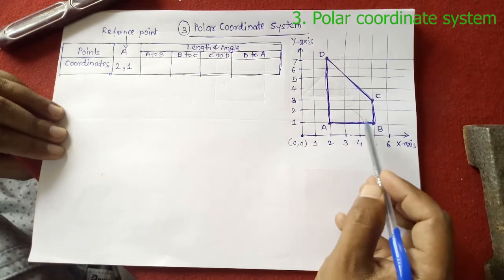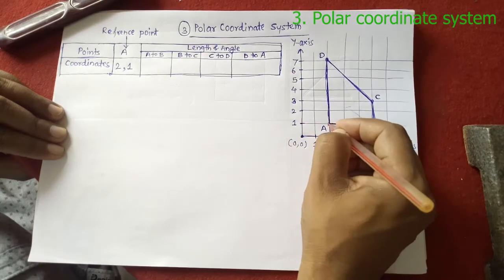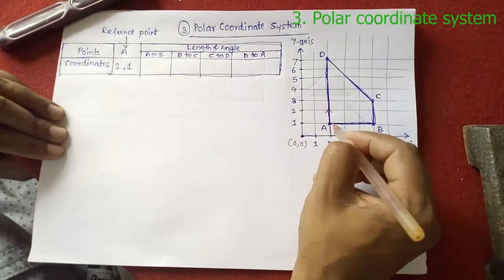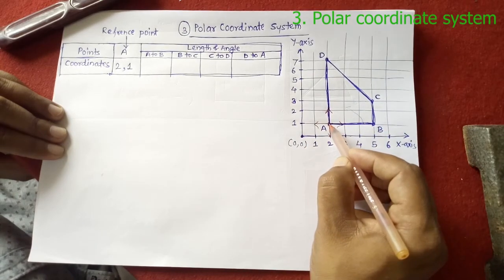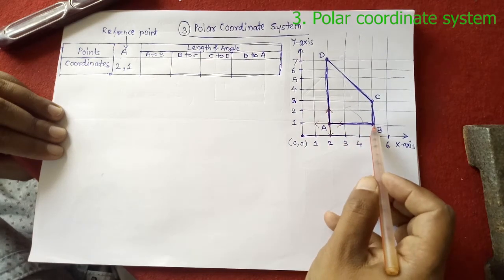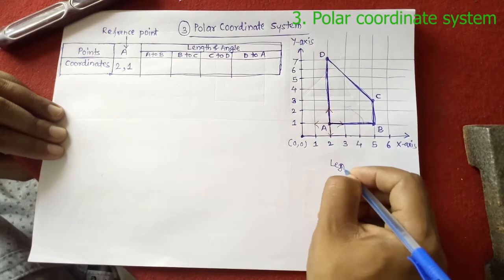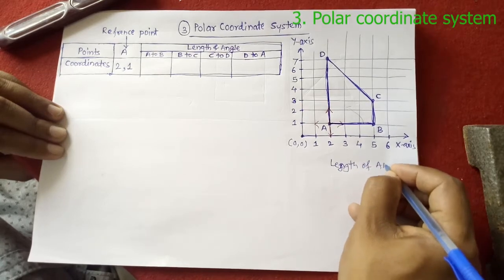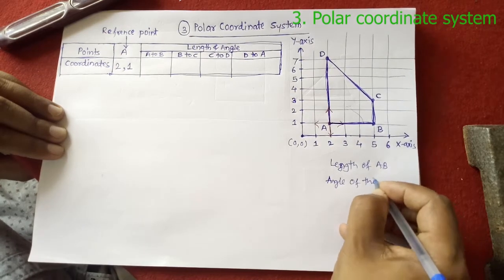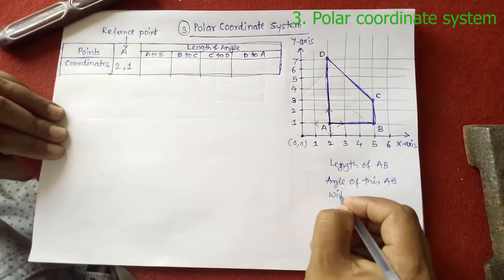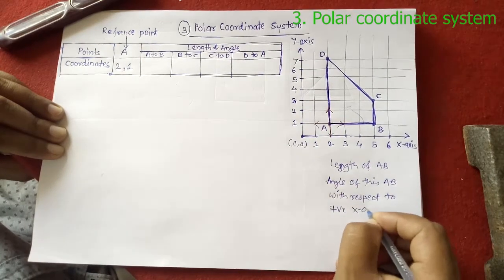So to draw this line A to B, let us consider reference origin at point A. So this is a reference origin at point A, and considering this as a reference origin, to draw this line A to B, we must know two things: length of AB, and angle of this line AB with respect to positive x axis.